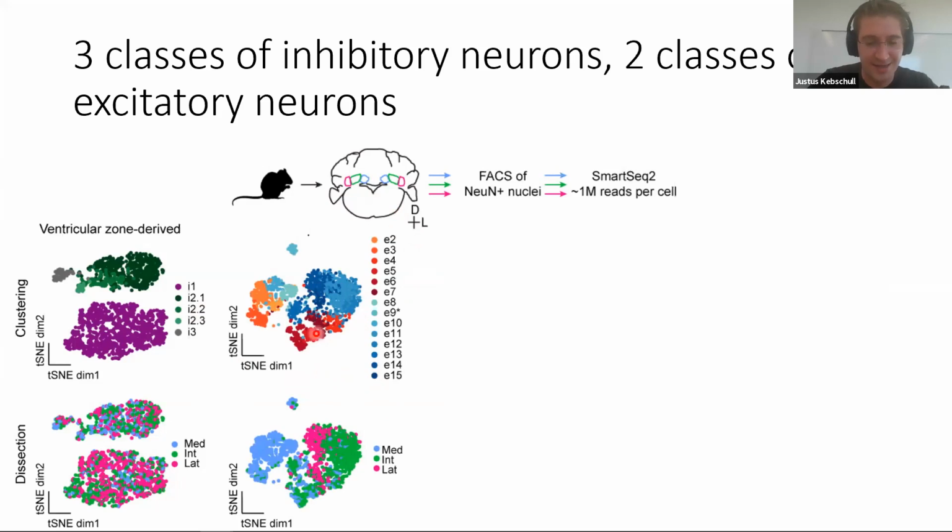Now, to try to find some structure in this mess of cell types, we thought, well, maybe if the cerebellar nuclei all arose from one single ancestral area, then we would expect to find equivalent cell types in the different cerebellar nuclei, right?